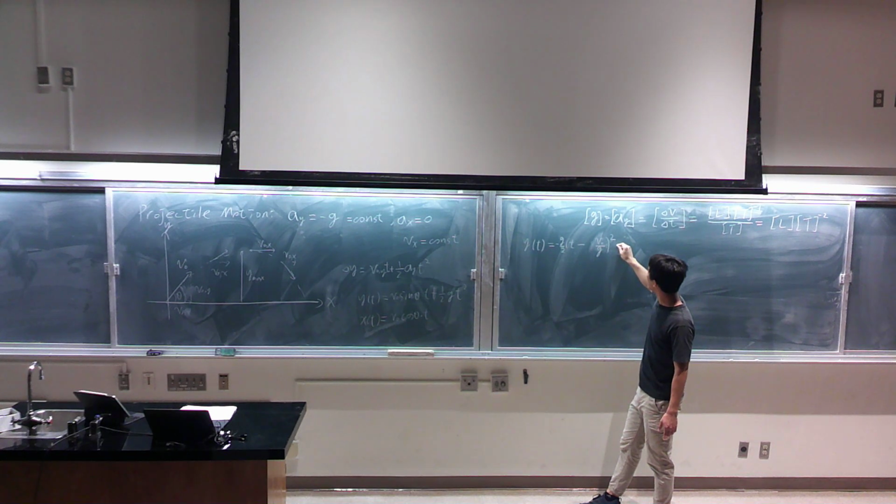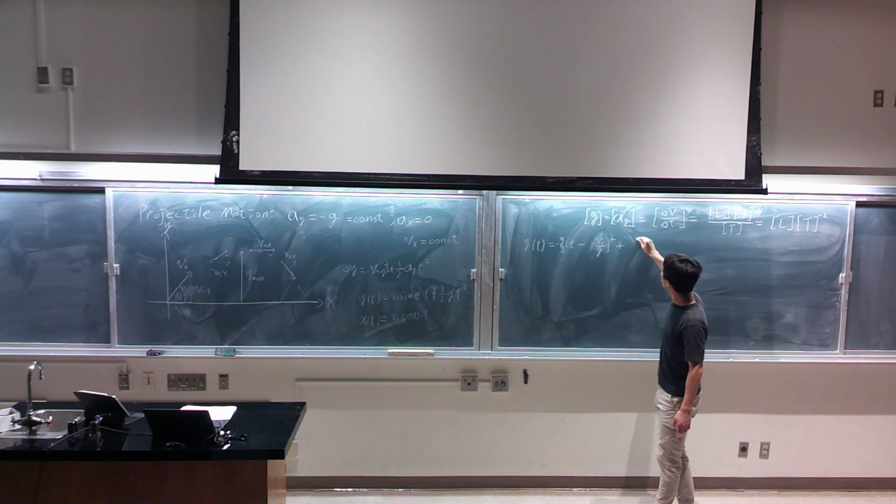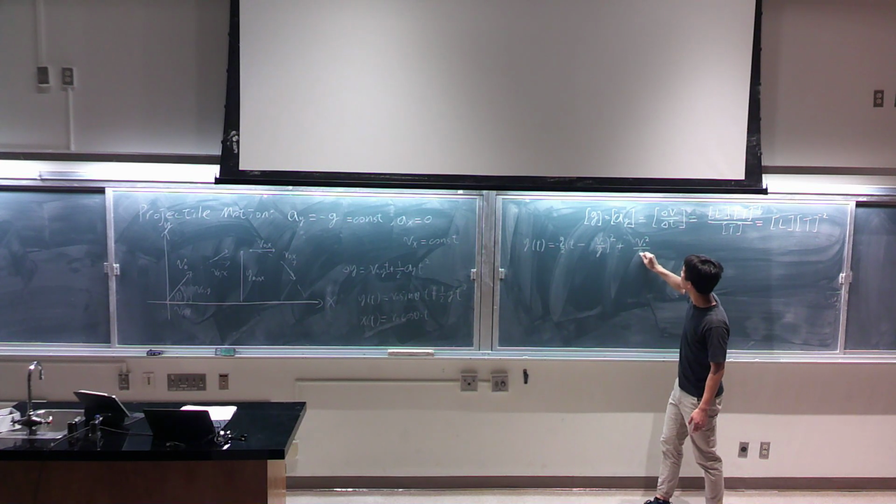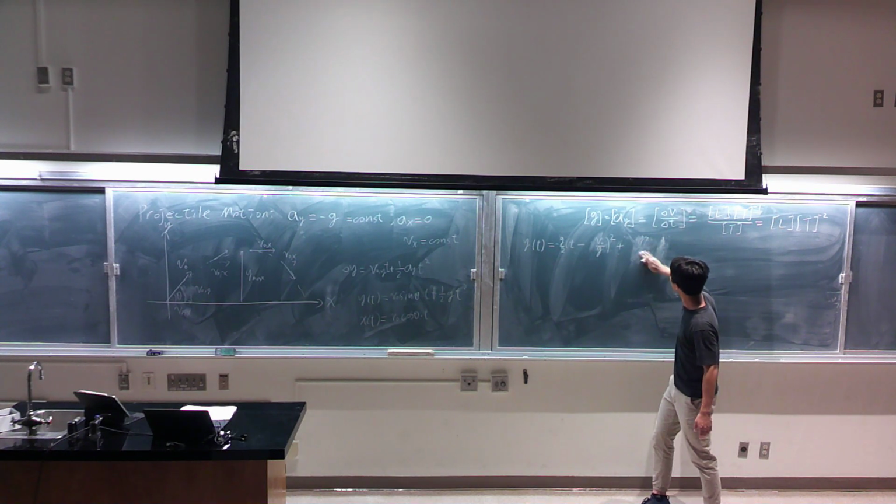And then I will have to add v naught squared, g squared, divided by g times 2, times g and 2. So I will get v naught squared over g.